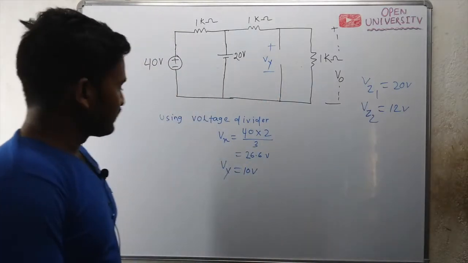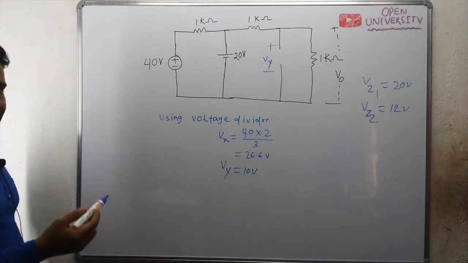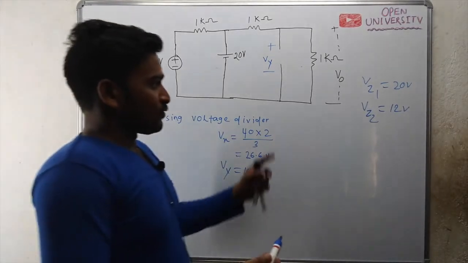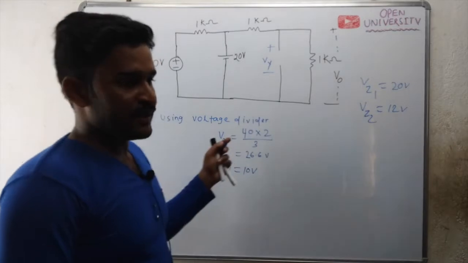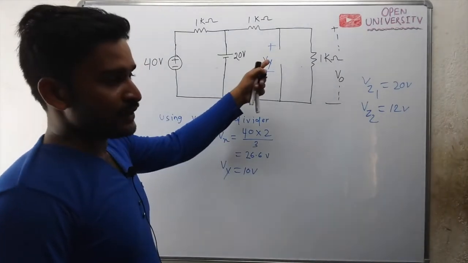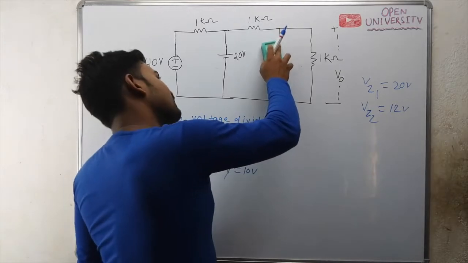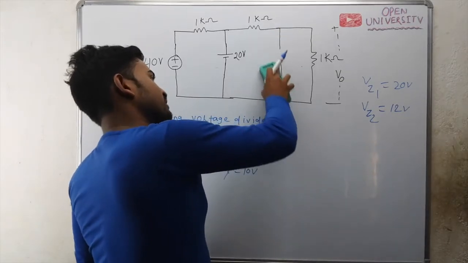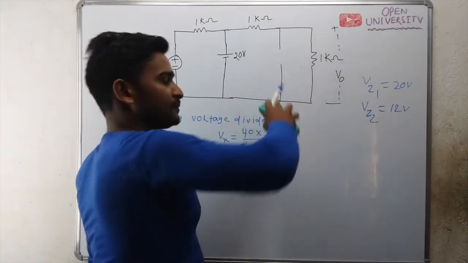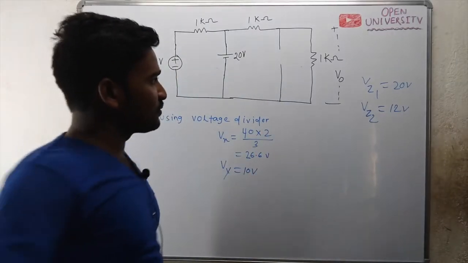When voltage across a Zener diode is less than breakdown voltage, your Zener diode will be in off condition. Off condition means we will replace the Zener diode with an open circuit. So how much will be the output voltage?